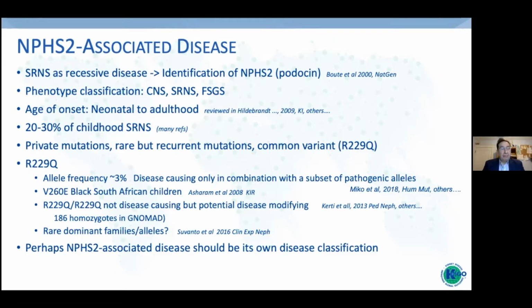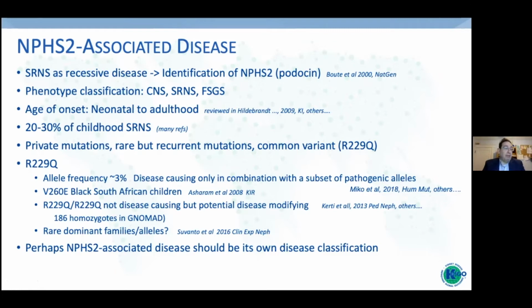We also know that NPHS2 we think of as mostly caused by rare mutations under recessive inheritance, but there are rare recurrent mutations like this R138Q mutation, and then there's at least one common variant which contributes to the disease, this R229Q allele, which has a frequency of about 3% in most populations, but only seems to be disease causing in combination with a certain subset of pathogenic alleles.